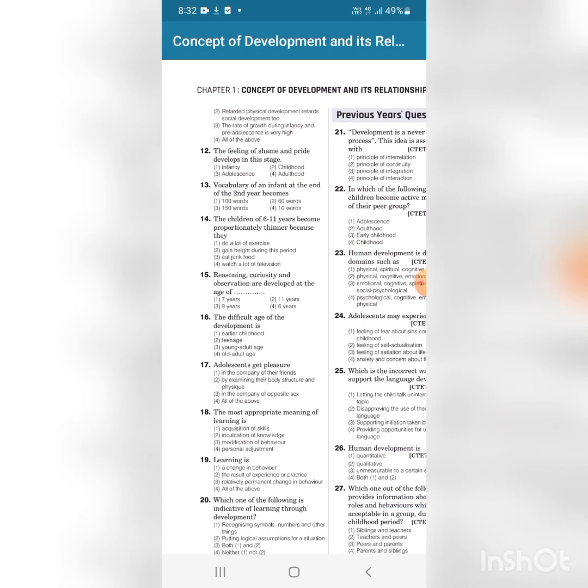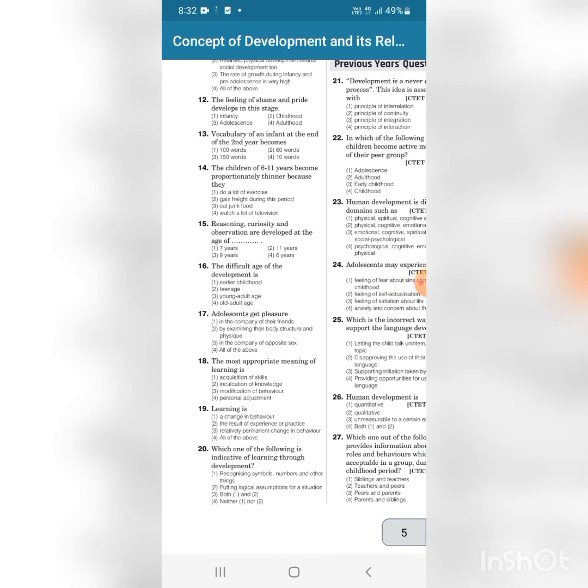Reasoning, curiosity, question number 15. Reasoning, curiosity and observation are developed at the age of 9 years.